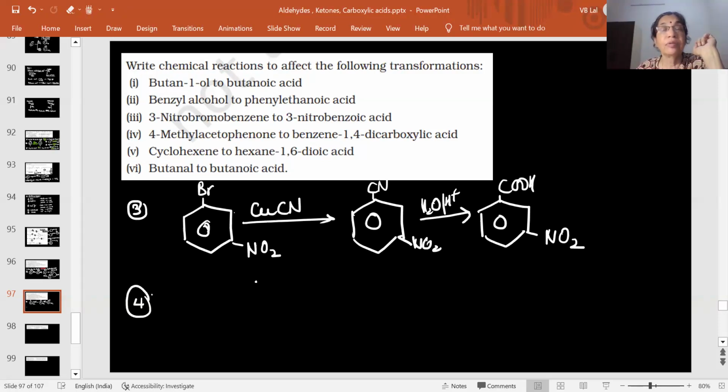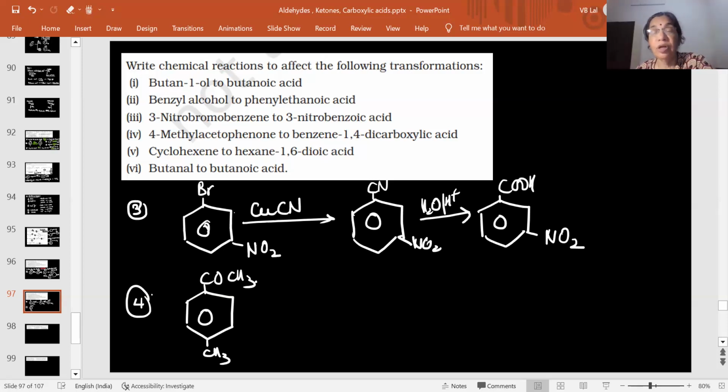The fourth one, 4-methyl acetophenone to benzene 1,4-dicarboxylic acid. So first let us write 4-methyl acetophenone, COCH3.